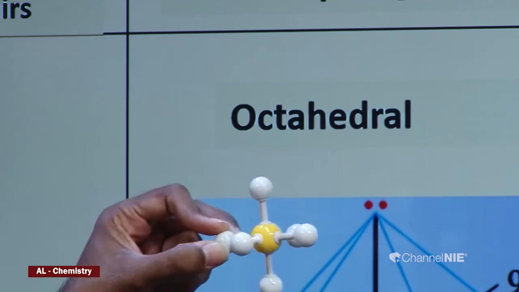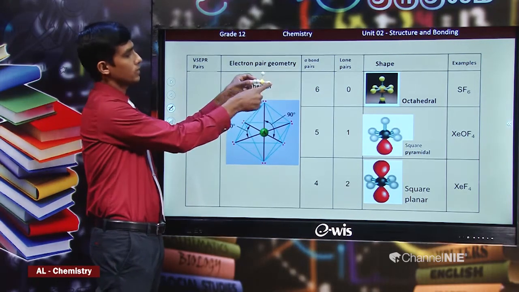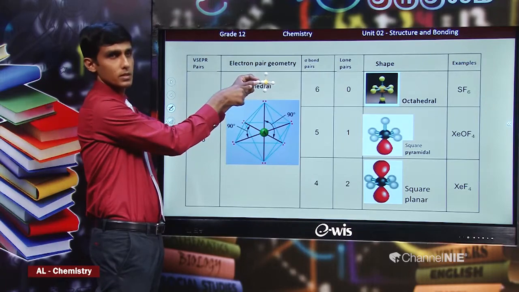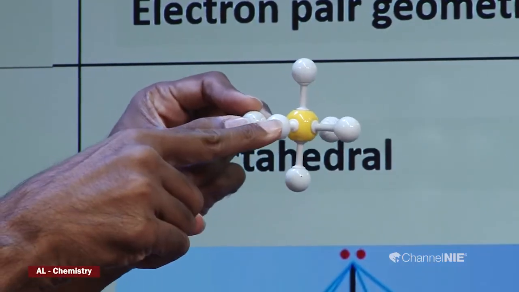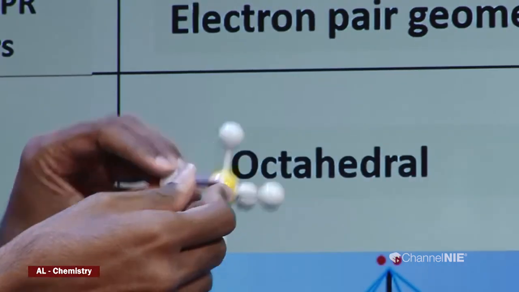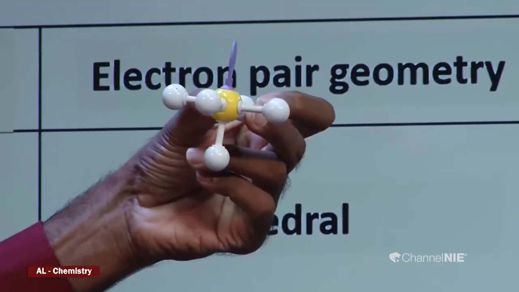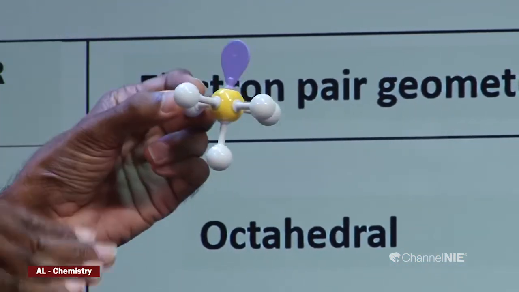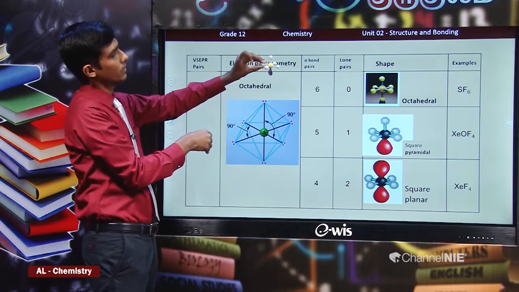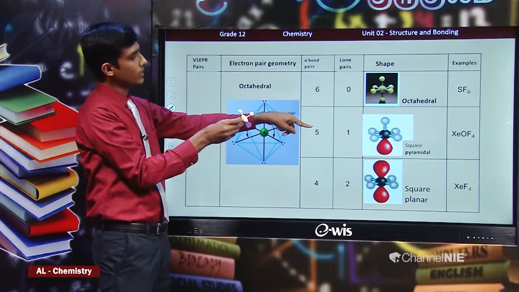When there is one lone pair, that lone pair may occupy any one of these positions. Let us say this position gets a lone pair, then you have an arrangement like this. This arrangement is square pyramidal. So, when one lone pair is there, that is square pyramidal.